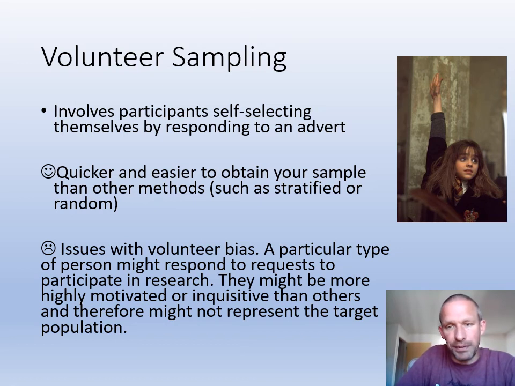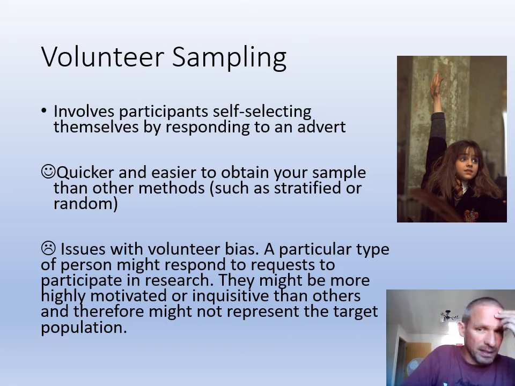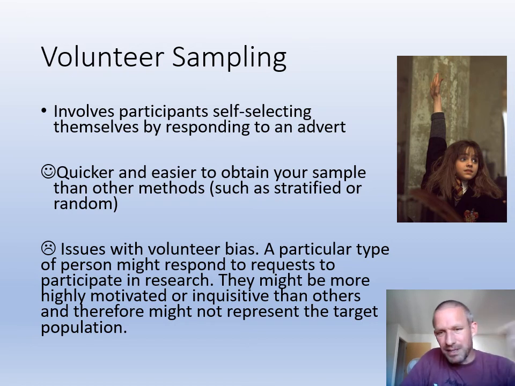Another example I use, let's get the views of the local area on environmental concerns in this region. Please come along to the town hall at 8 AM on Saturday morning to take part in our research, and you draw the conclusion, oh wow, the people of this area are really fussed about environmental issues.